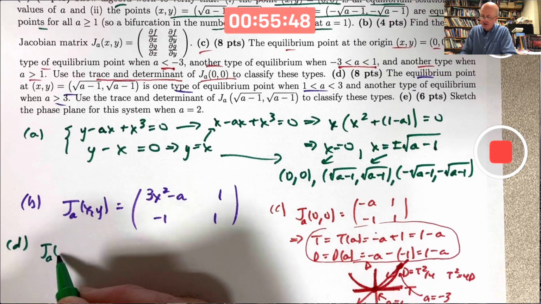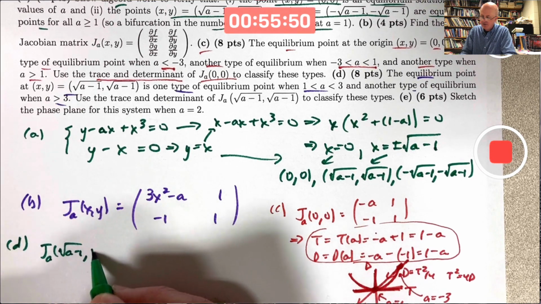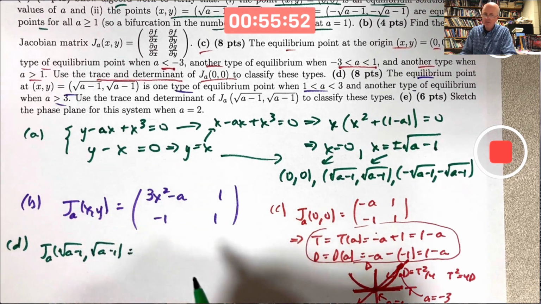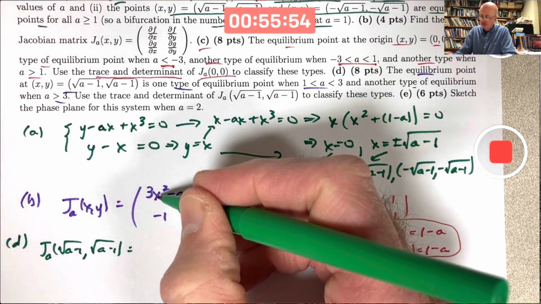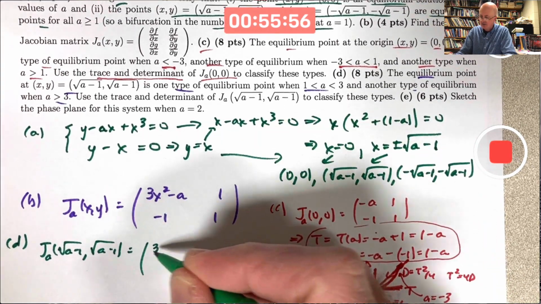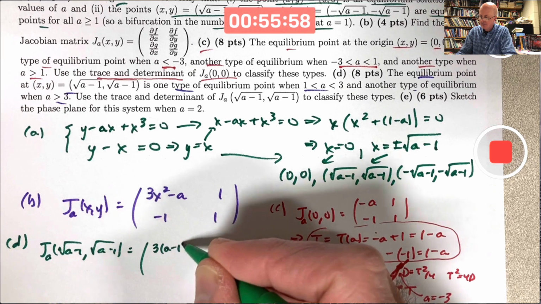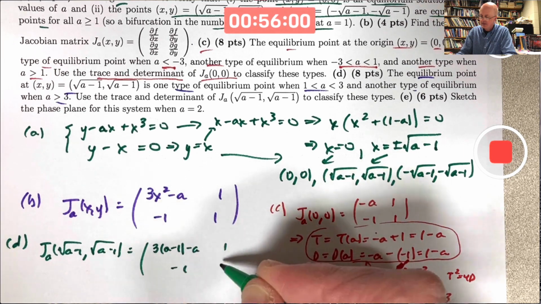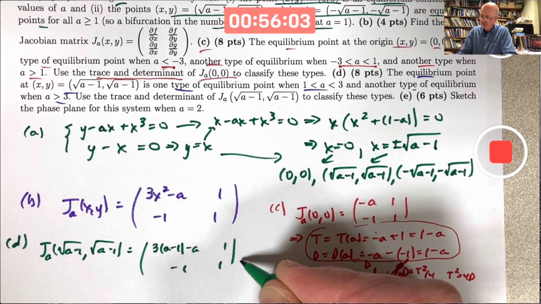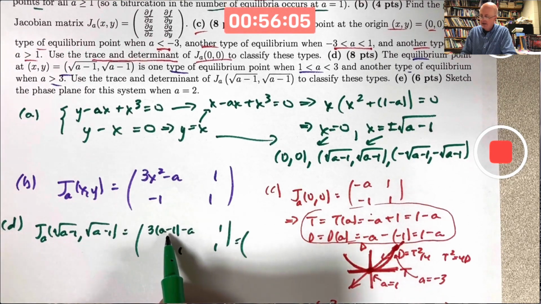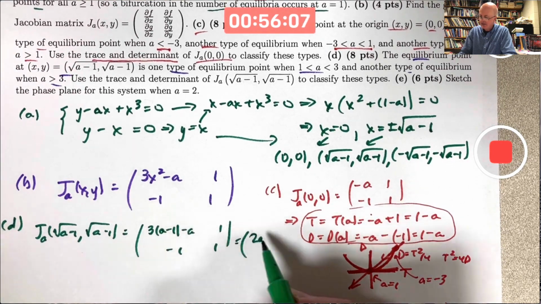J sub a of square root of a minus 1 comma square root of a minus 1. Replace x with square root of a minus 1. Got to square it, so you get 3 times a minus 1 minus a. Simplify. 3a minus a is 2a, and then we get a minus 3.